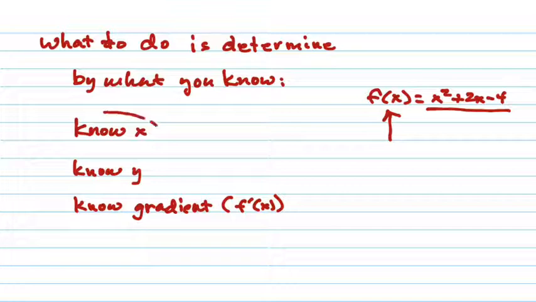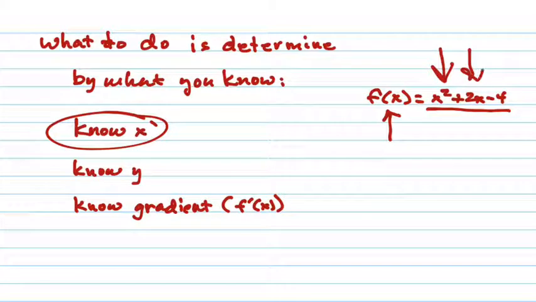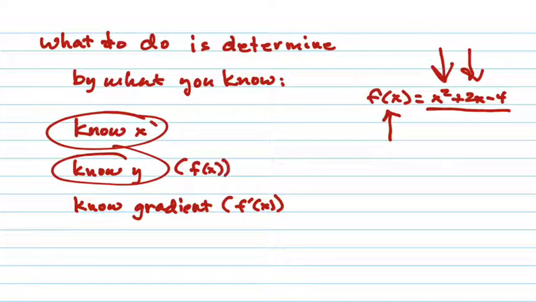If you know the value of your independent variable, you plug it in here. If you know y, which is your f of x, that goes there. If you know the gradient, you plug that in place of the derivative notation once you've done your derivative.